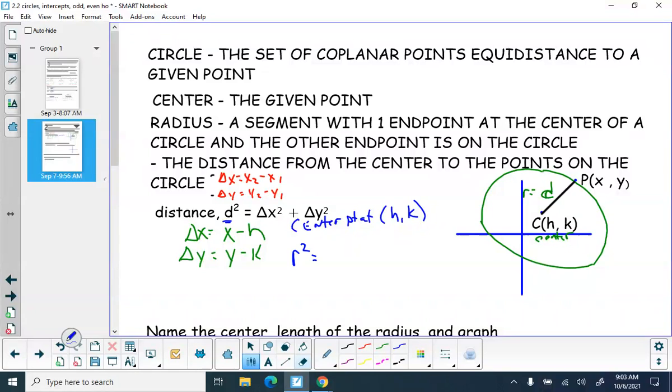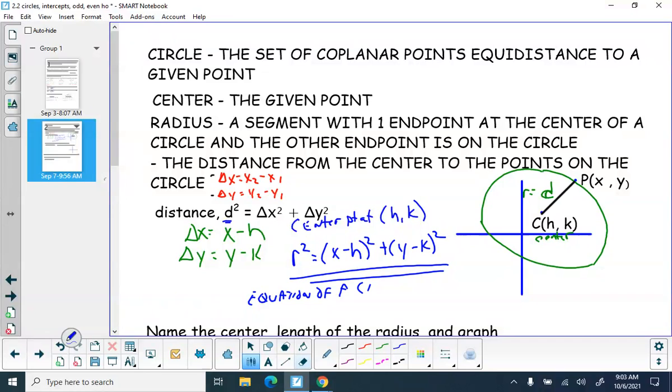So we have radius squared is equal to my delta x squared, x minus h squared, plus y minus k squared. This is an equation of a circle with center point at h, k.